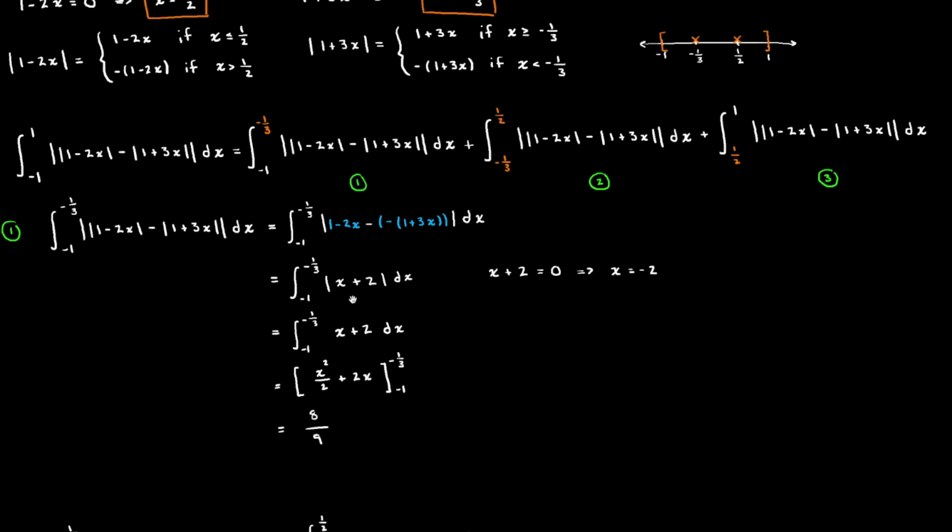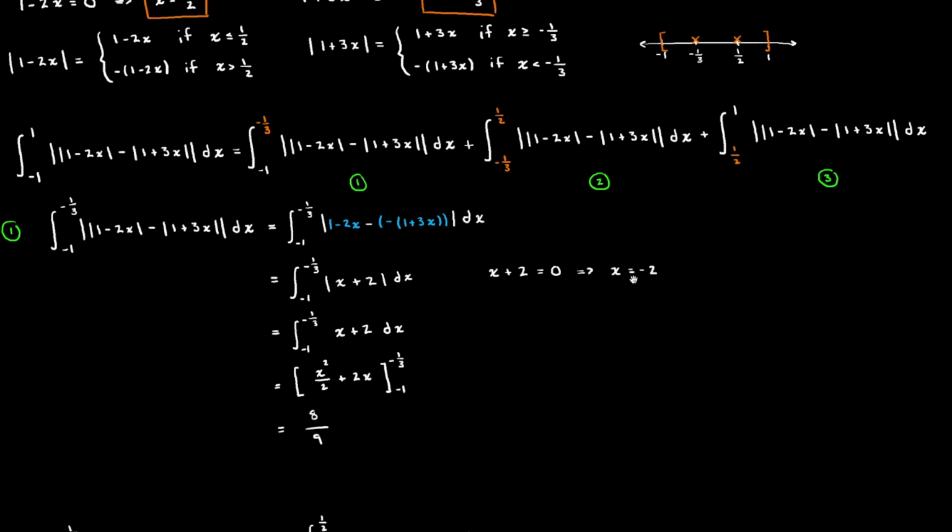You can find where x plus 2 equals 0. Well, it happens when x is exactly equal to -2. Then you want to see, okay, what happens before and after this point? And you'll see that right now we are actually to the right of this point, right? On this interval from -1 to -1/3, we are to the right of -2.